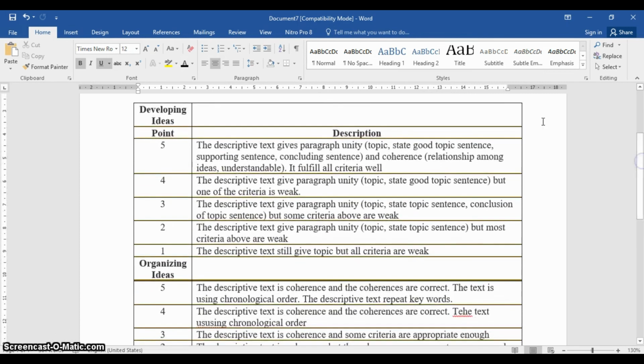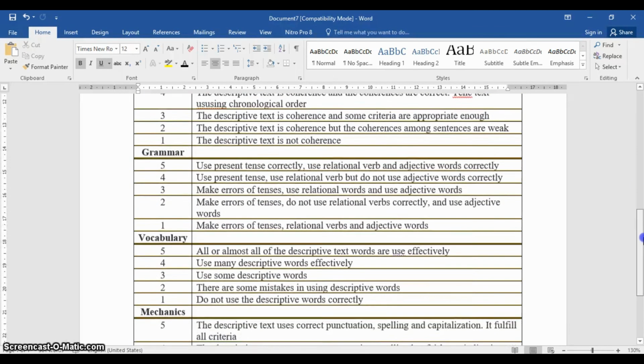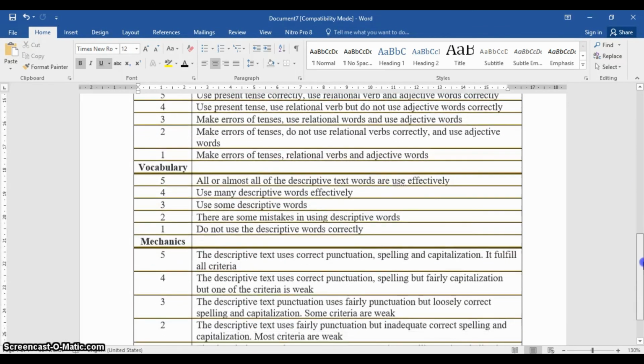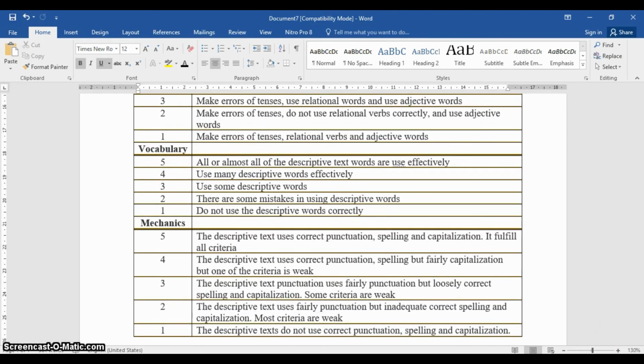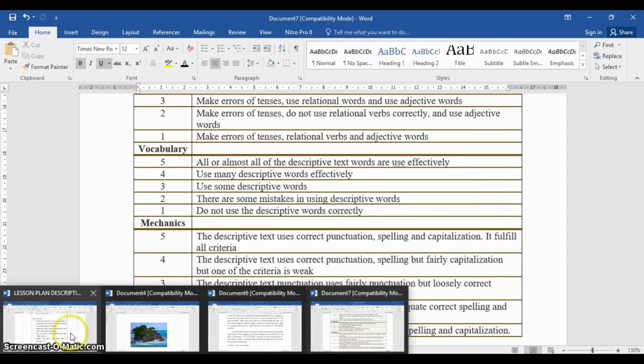Here the students have to assess their partner's work by looking at some criteria such as developing ideas, organizing ideas, grammar, vocabulary, and the last one is the mechanics.